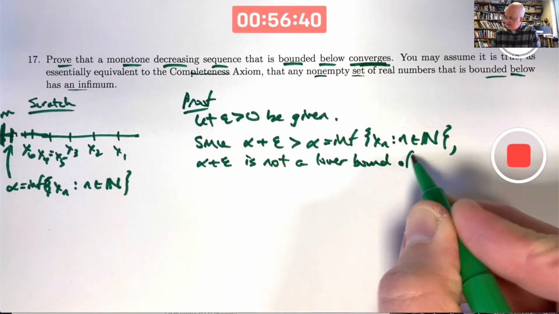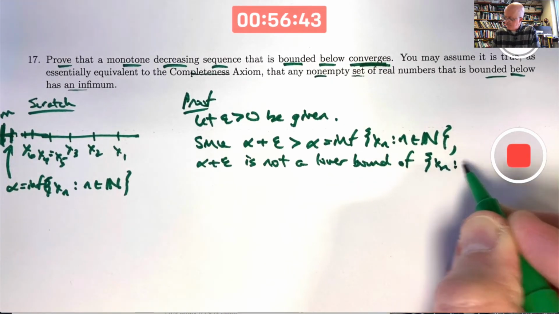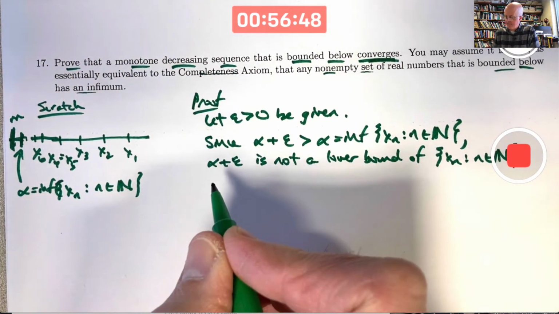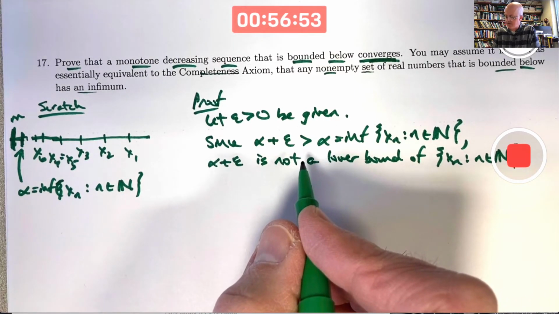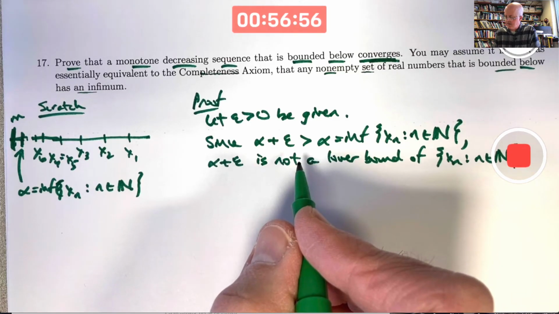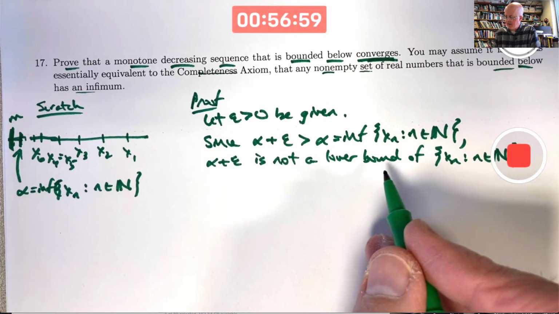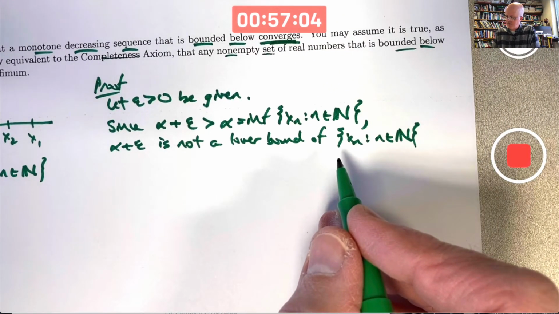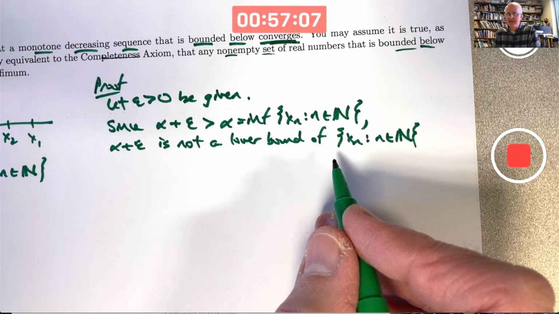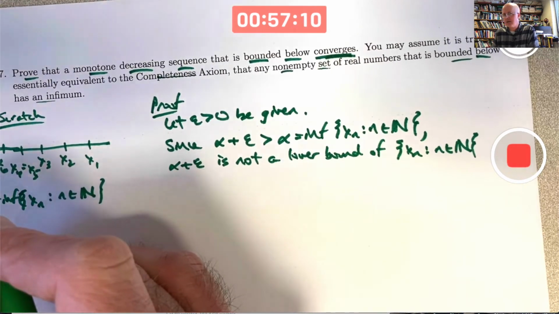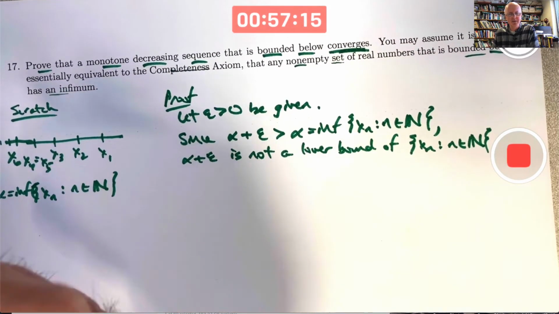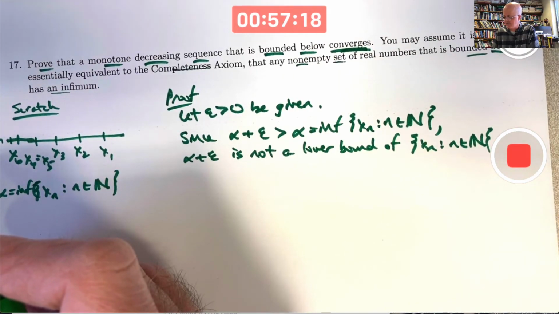I need to find a capital N. So if little n is greater than or equal to capital N, x sub little n is within epsilon of alpha, if I'm trying to prove alpha is the limit, which is what I'm trying to do. Certainly, x sub capital N would we want to be within alpha. And since the sequence is monotone decreasing, if little n is greater than or equal to that capital N, those xn should also be within epsilon of alpha.